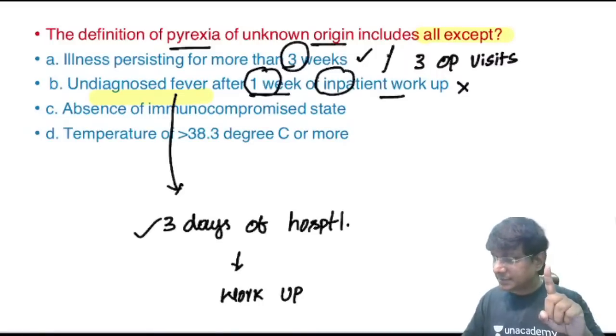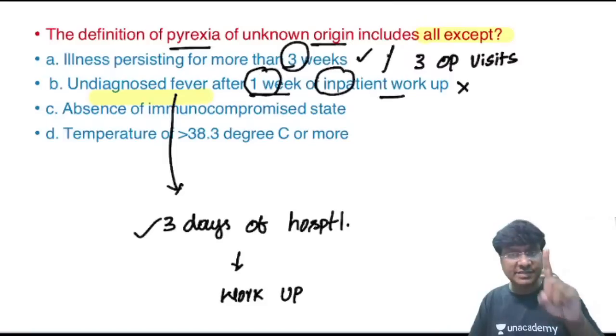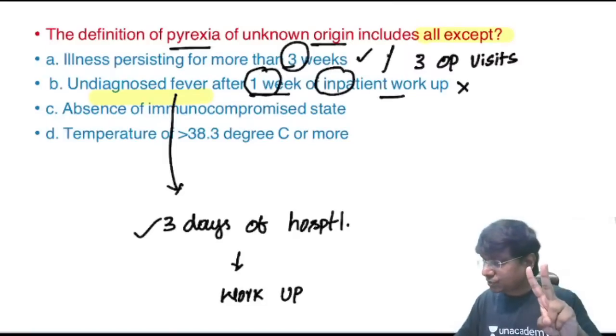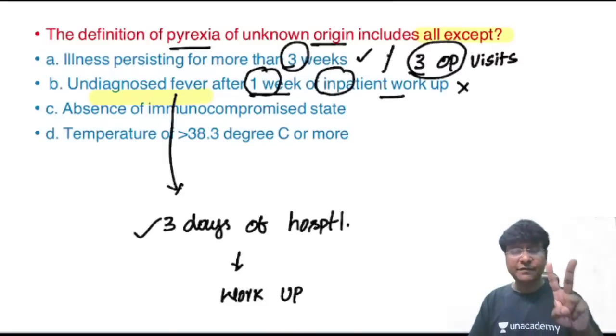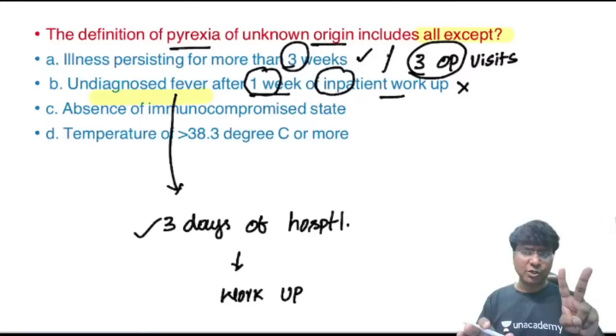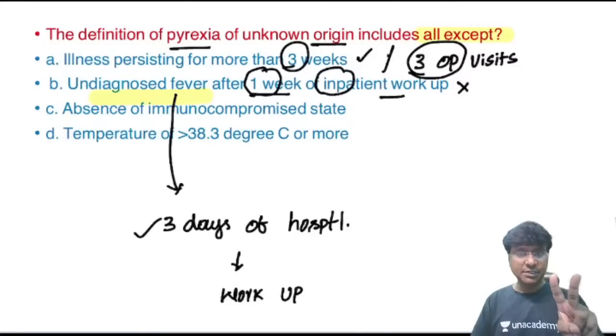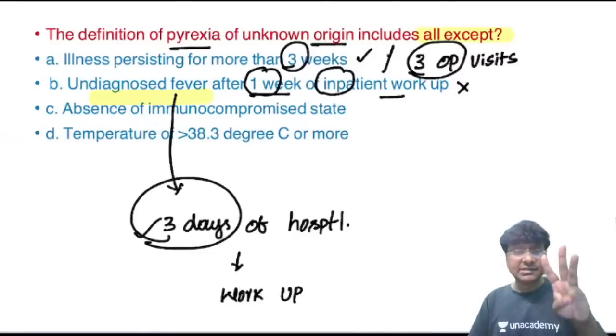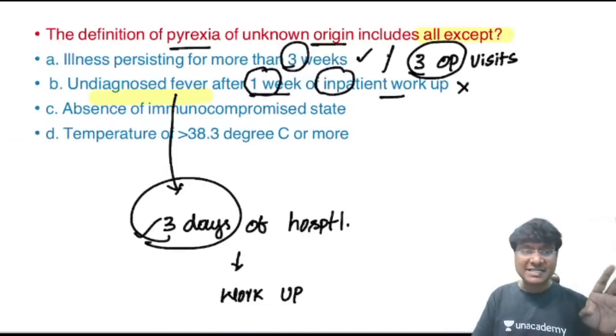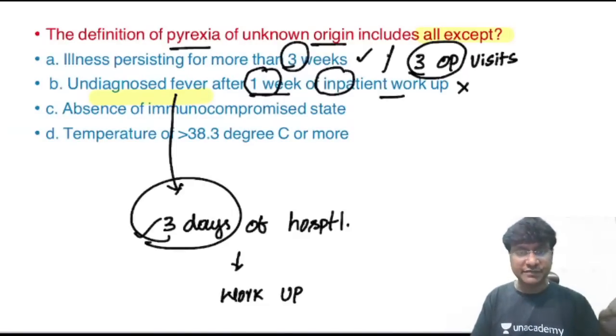Number 1, illness persisting for more than 3 weeks. Number 2, diagnosis of fever not made in spite of 3 outpatient visits. Number 3, 3 days of hospitalization and complete workup done, but still we don't know the cause of fever. That is also part of pyrexia of unknown origin.